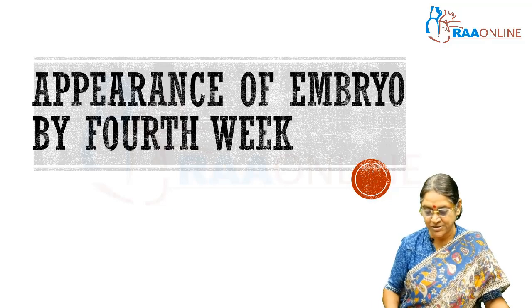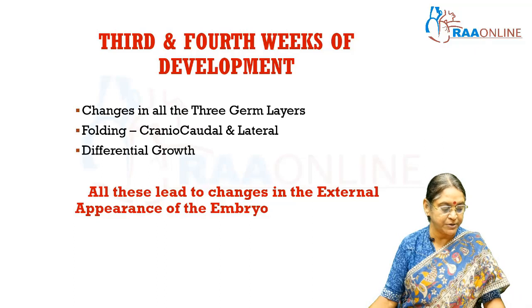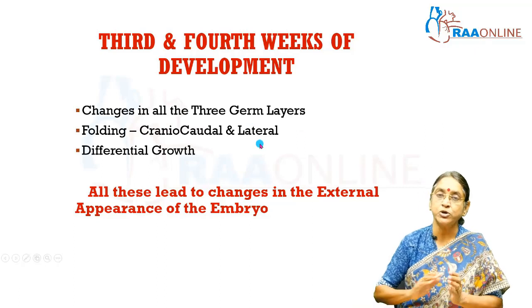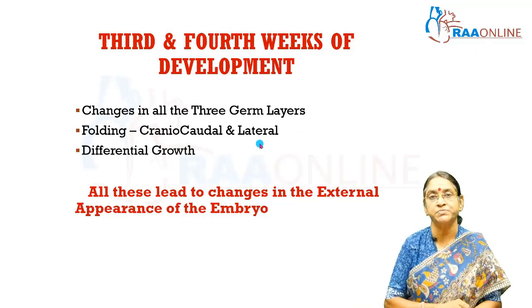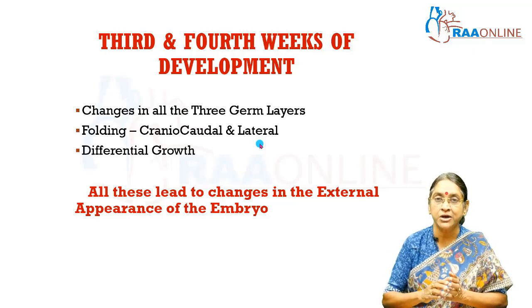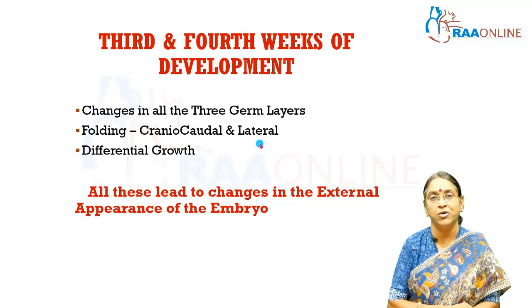So let's proceed. We've already seen the 3rd and the 4th weeks of development. Various changes have occurred in all the 3 germ layers. And because of many structures making their appearance, the embryo has grown and has increased in overall dimensions.